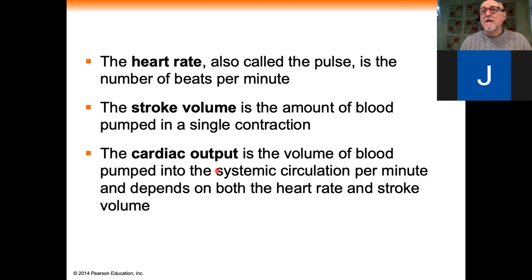It is decreased if you're at rest. And that is under control of the autonomic nervous system. There are sensors which are monitoring blood pressure, et cetera, and these can be modulated to provide the optimum cardiac output for whatever the body requires.